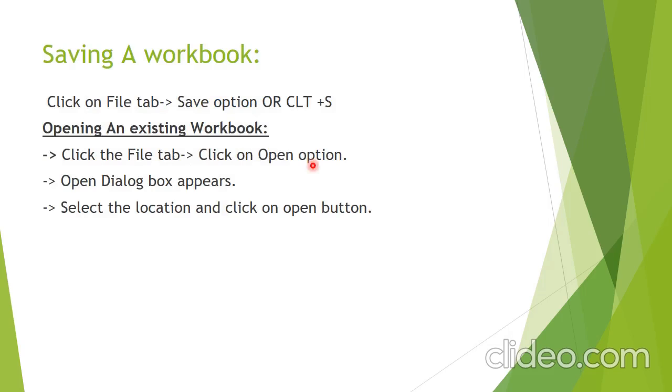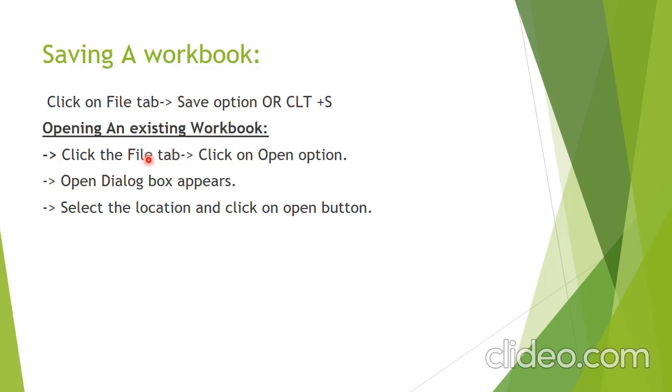After that you can save your workbook using the Save option under the File tab, or you can use the Control S command for saving your workbook. Now once you have saved and closed your workbook, if you want to reopen it, that is opening an existing workbook.